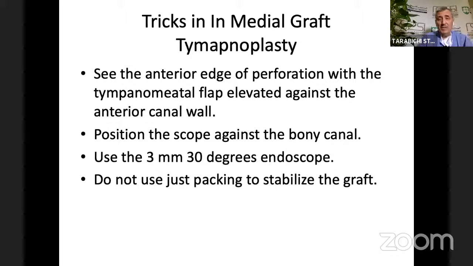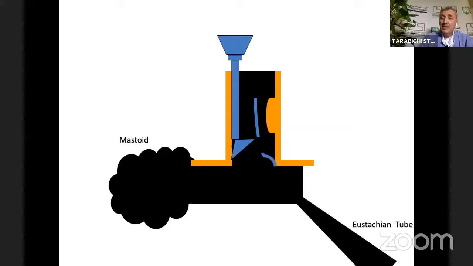This is the area where I'm using a lot more 30-degree endoscope, especially anteriorly. If this is the perforation, I do a very, very wide elevation of the tympanomeatal flap, and I consistently remove or separate the tympanomeatal flap from the handle of the malleus. I think this allows me to layer the tympanomeatal flap on the ear canal wall. Before I start my reconstruction, I want to see the anterior edge of the perforation from behind the tympanomeatal flap.